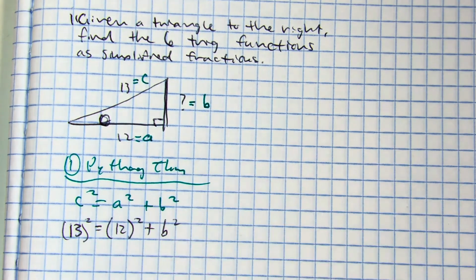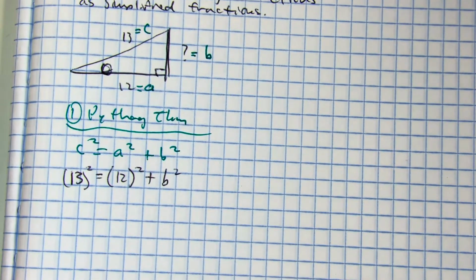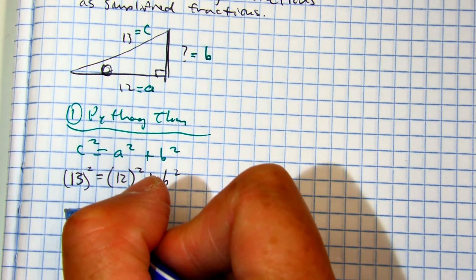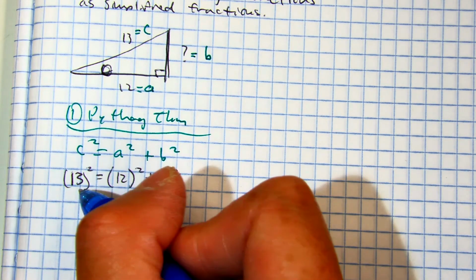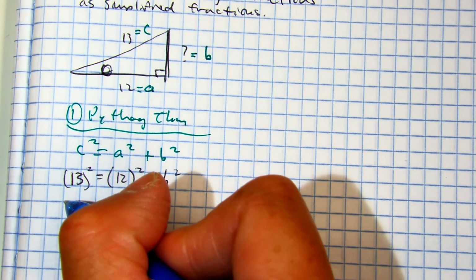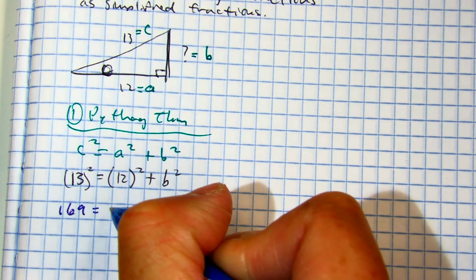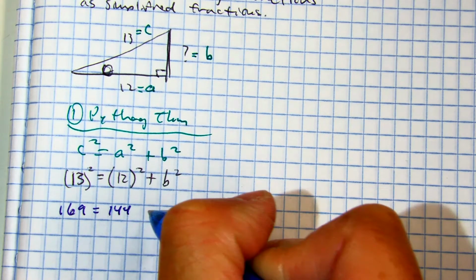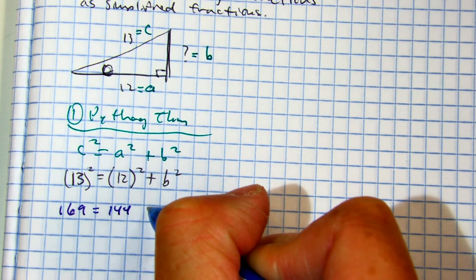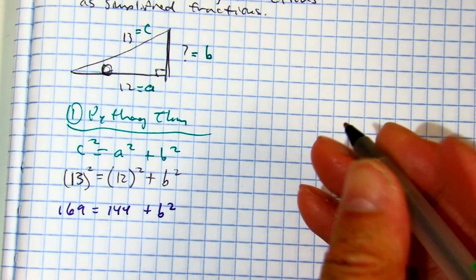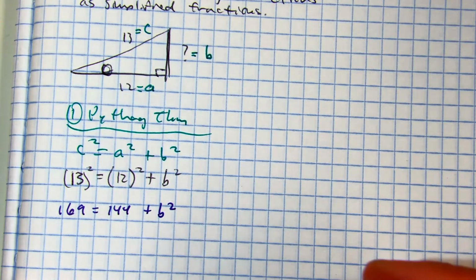Lupe, go ahead and simplify. 169? Uh-huh. Keep going. Should I take the square root or subtract 144?